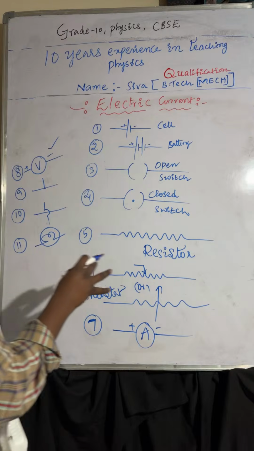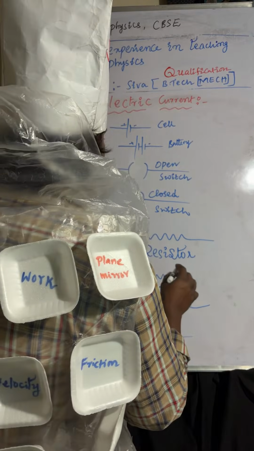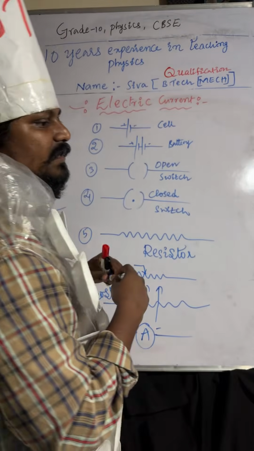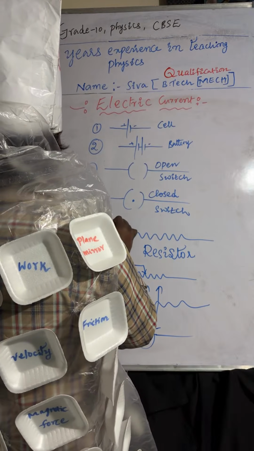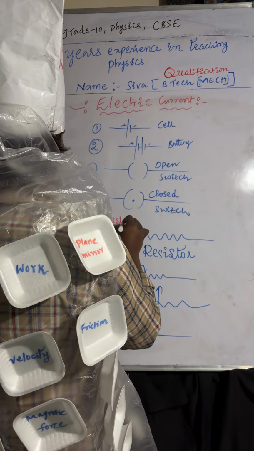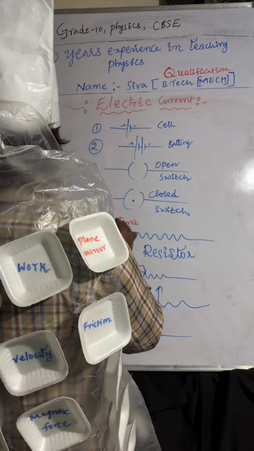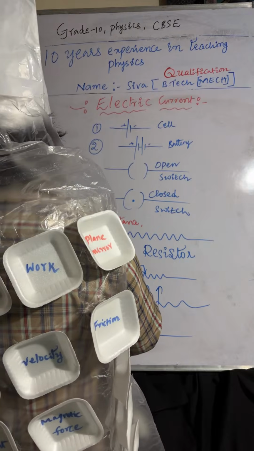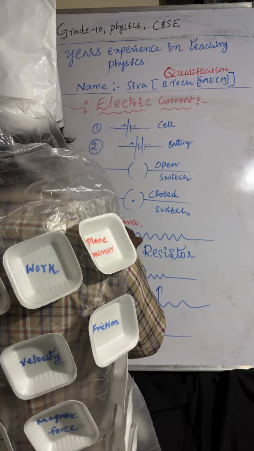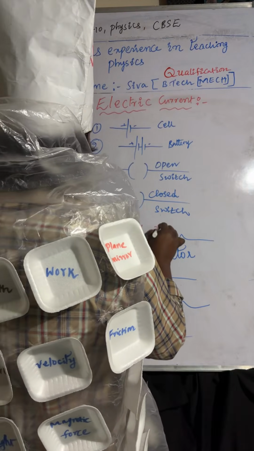Sir, what is the use of resistor? Resistor is a device which is used to oppose the electric current. Resistance is the phenomenon of opposing the electric current. Ohm is the SI unit of resistance, and this is the symbol.